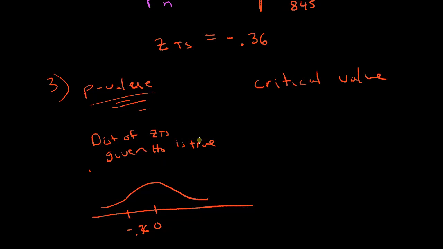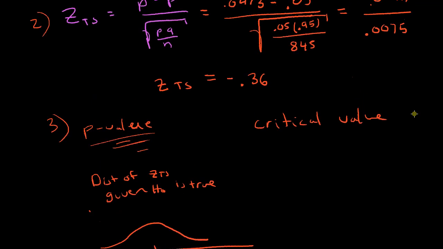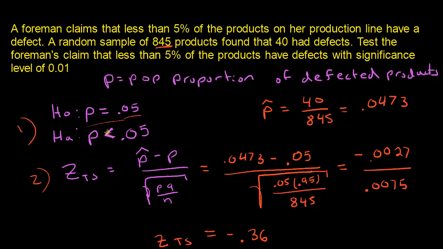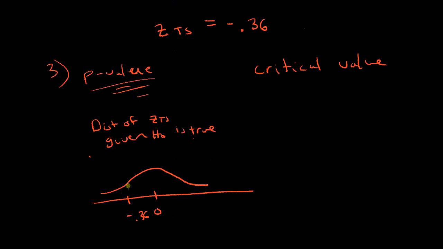Our alternative hypothesis is that P is smaller than 0.05, so this is a left-tailed test. So the p-value will be the area to the left of our test statistic, because this is a left-tailed test. Okay, so the p-value will be the area to the left of negative 0.36.